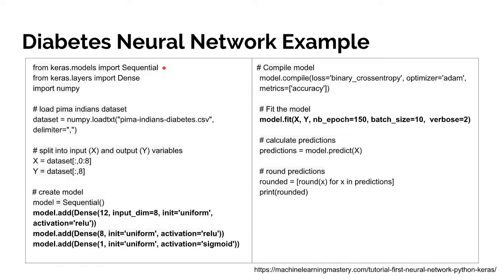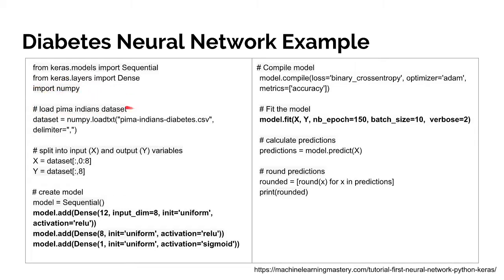Here we're using a package called Keras, and what this does is it gives us a nice wrapper that allows us to very simply set up neural networks among other types of machine learning models. Here we're using some of their models and layer types, and we're also importing NumPy.